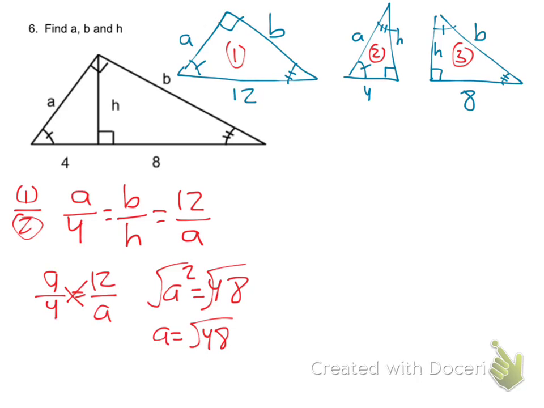Do the exact same thing with another 2 sets of triangles. Someone name another 2 sets of triangles. 3. It's not that hard, guys. 3 to 1. Okay, let's do that.